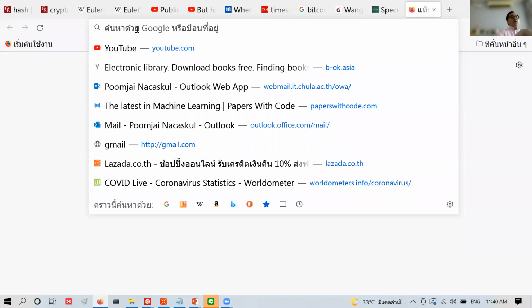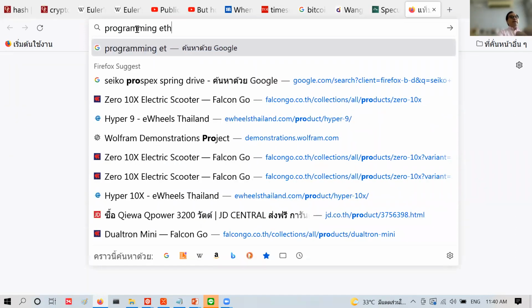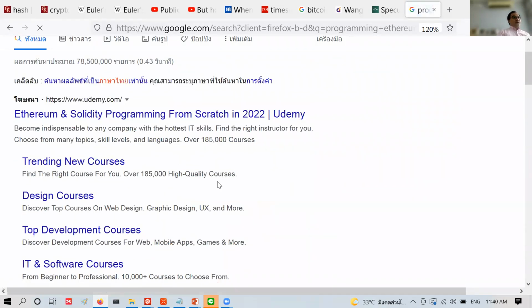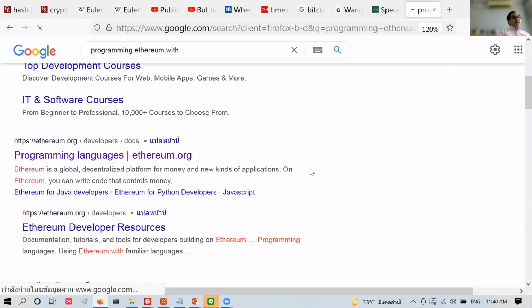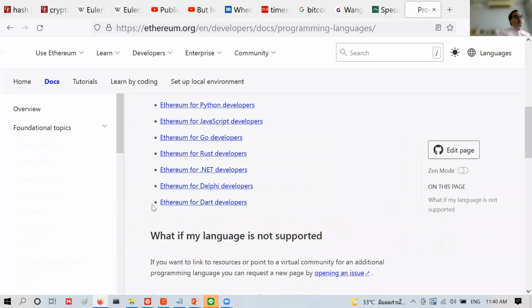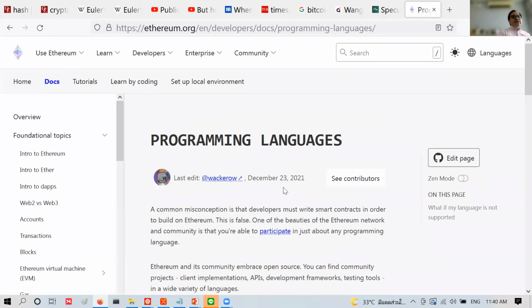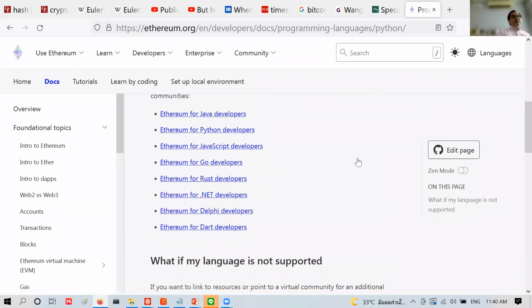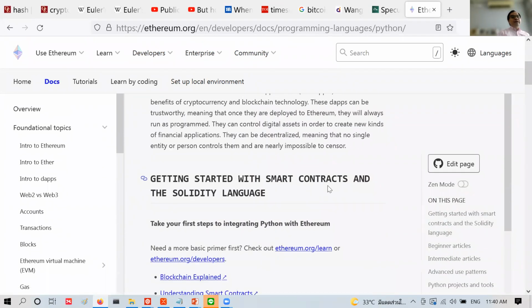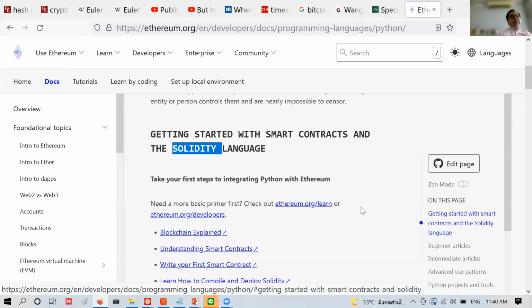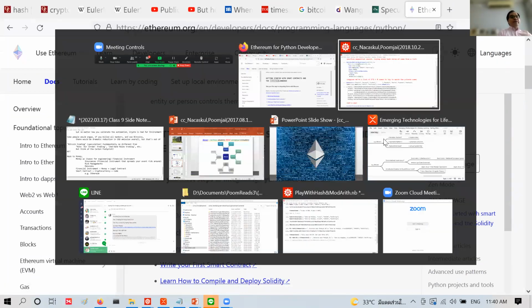I'll talk to them about programming Ethereum with Solidity. Maybe we'll have something like Ethereum for Java developers. I think it's Solidity, with no special sign.